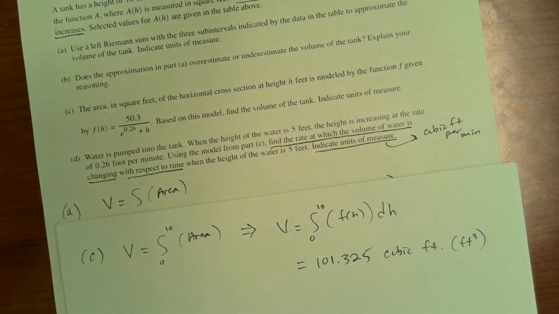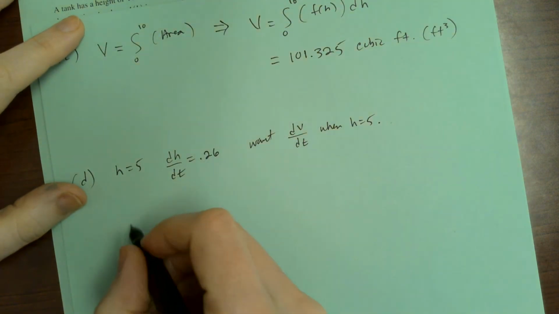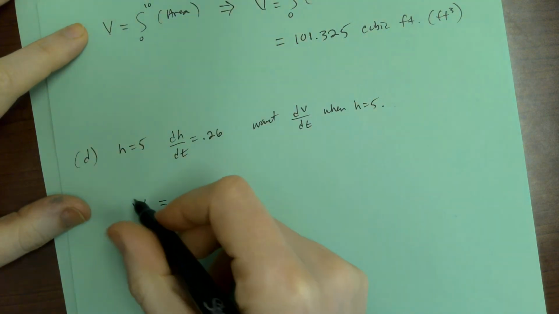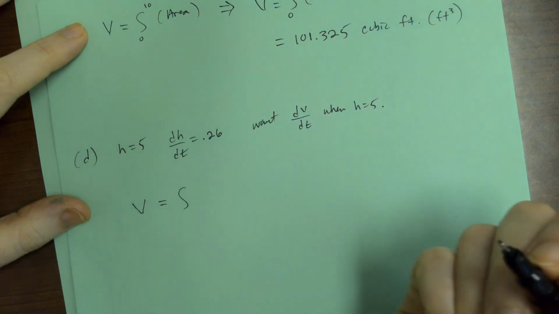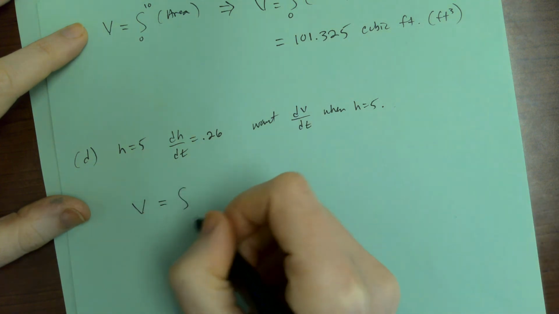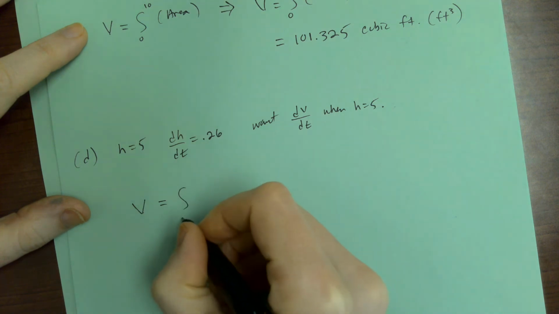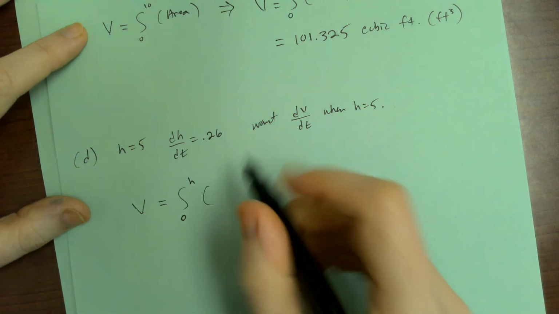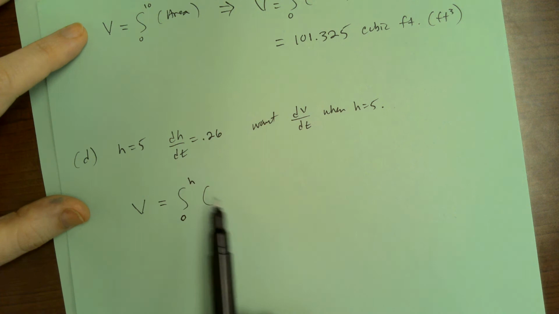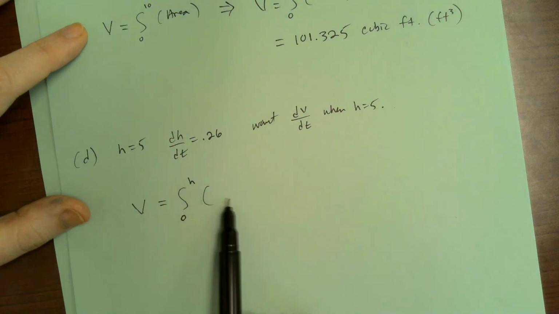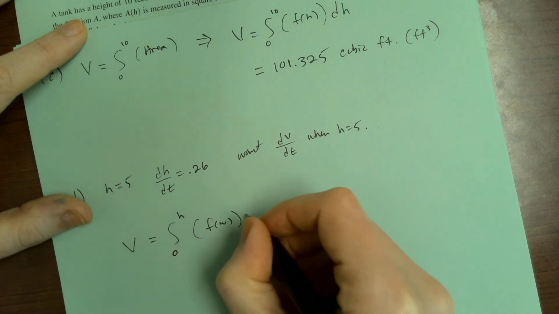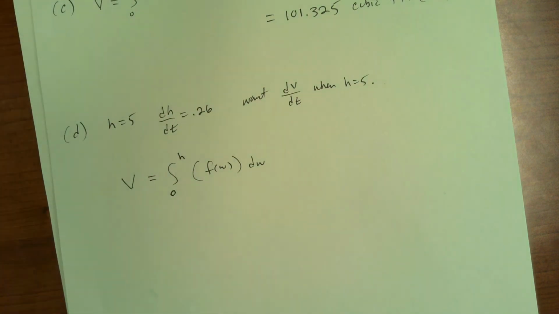So basically, guys, we know that V is equal to, let's do V in terms of H. So the integral from 0 to H of, now this variable cannot be the same as this variable, so in here I'll say f of w, f of w dw.